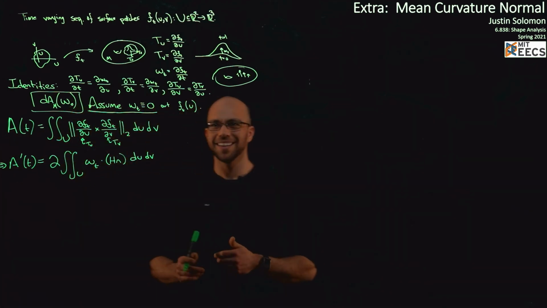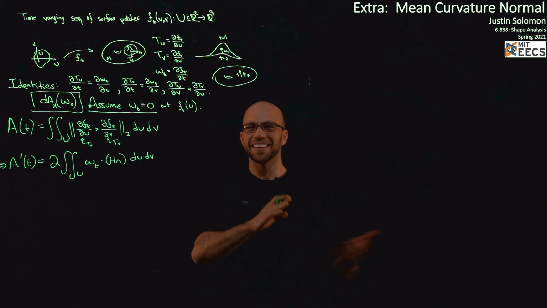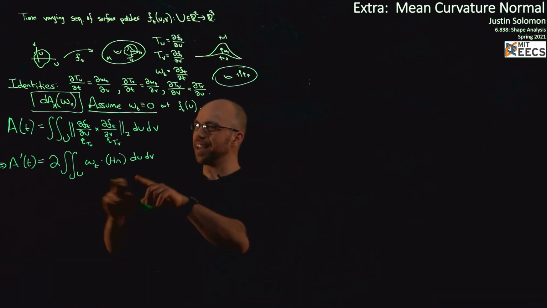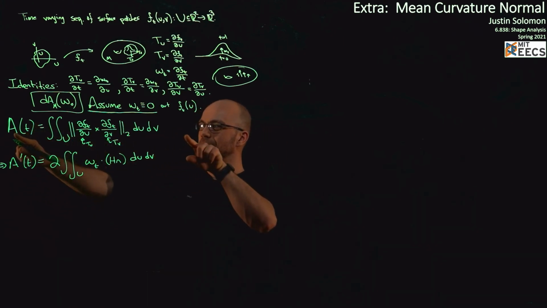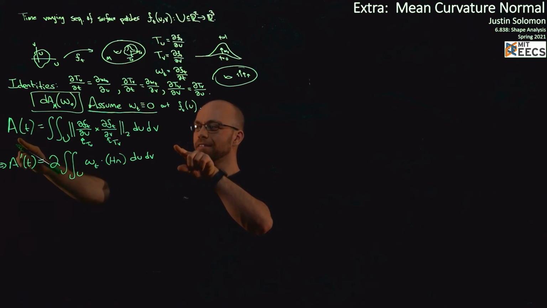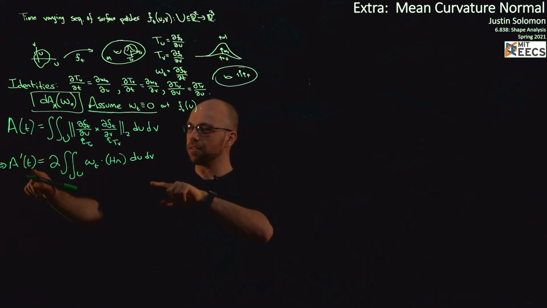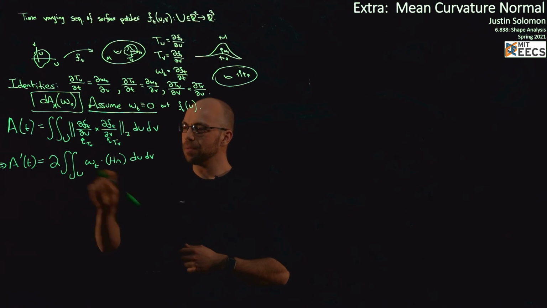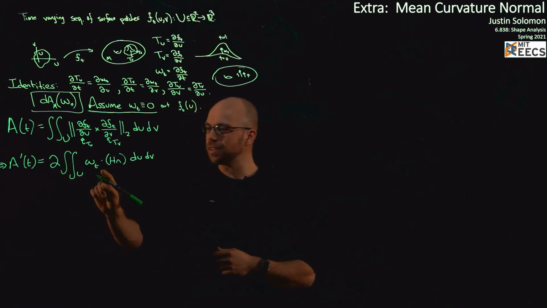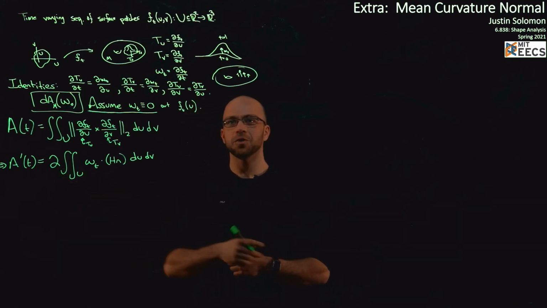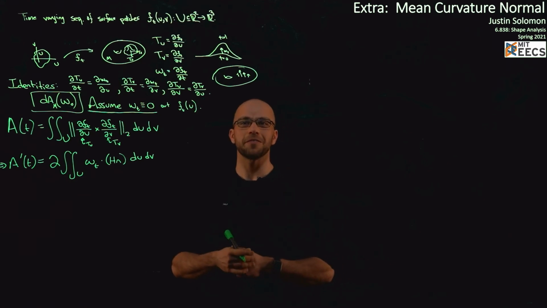Okay, that's better. So I've just collapsed all of our simplification. And again, what did we show? We showed we have a time-varying region on a surface. If we take the derivative of surface area in time, we end up with 2 times the integral of mean curvature against the direction of motion of the surface.